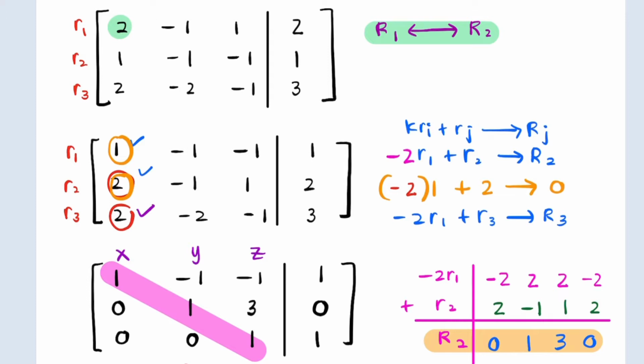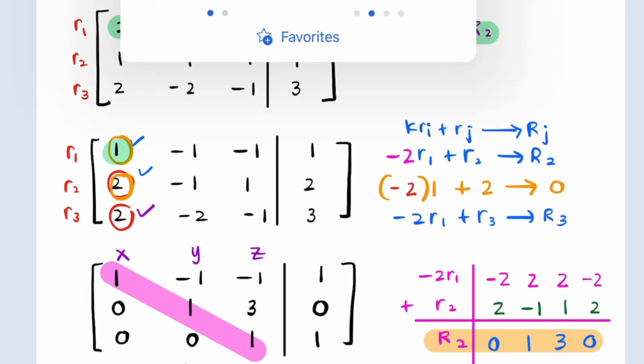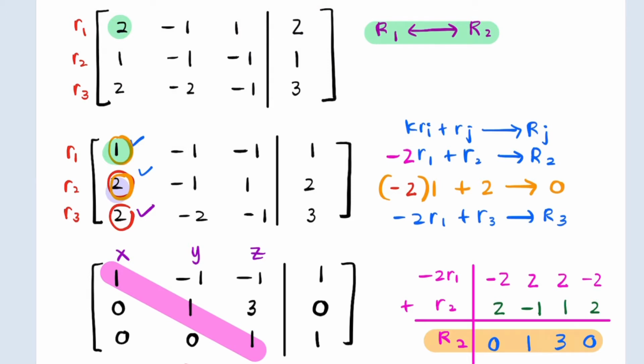Next, let's use this 1 here to make this term here 0. So what should you do? We want to use row 1 plus row 2 put at the new row 2. This is the formula that we must follow. I repeat again, we want to use row 1, so row 1 plus row 2 put at the new row 2.